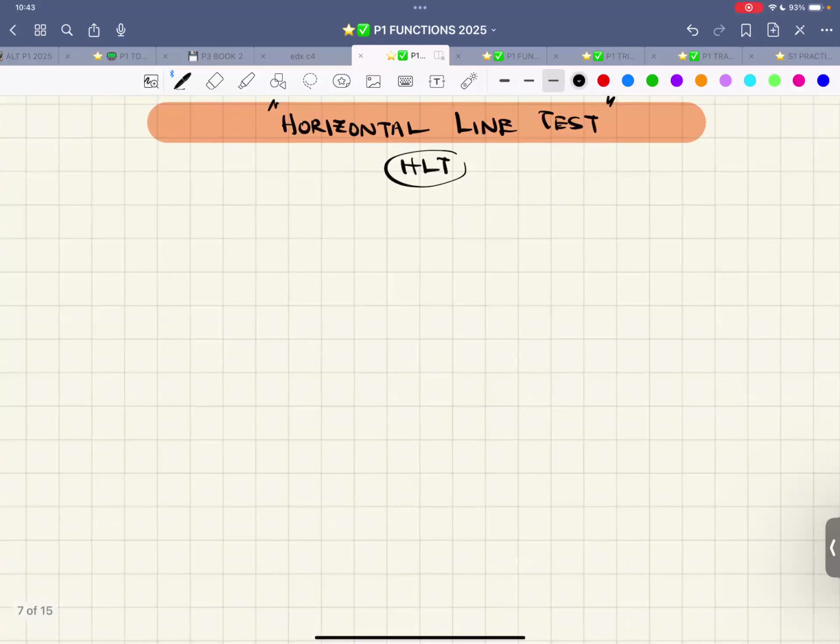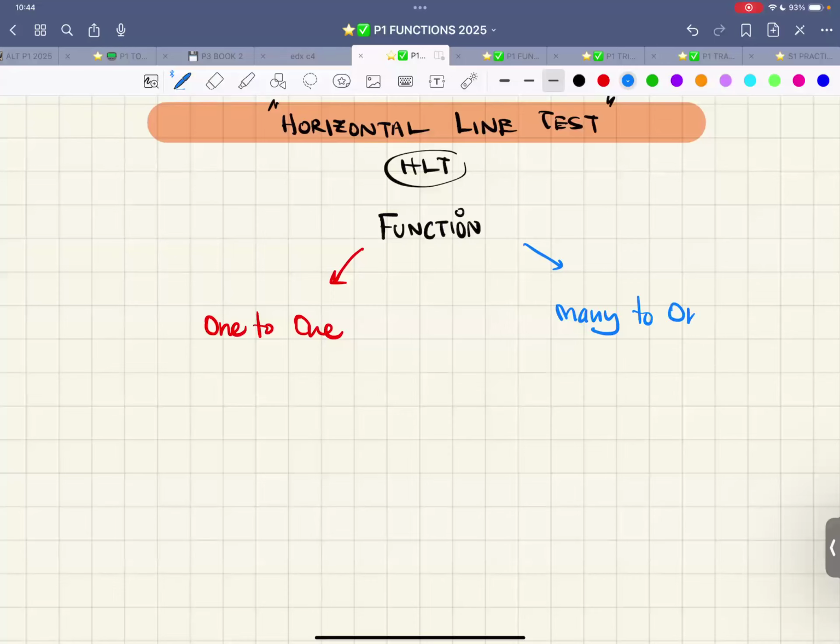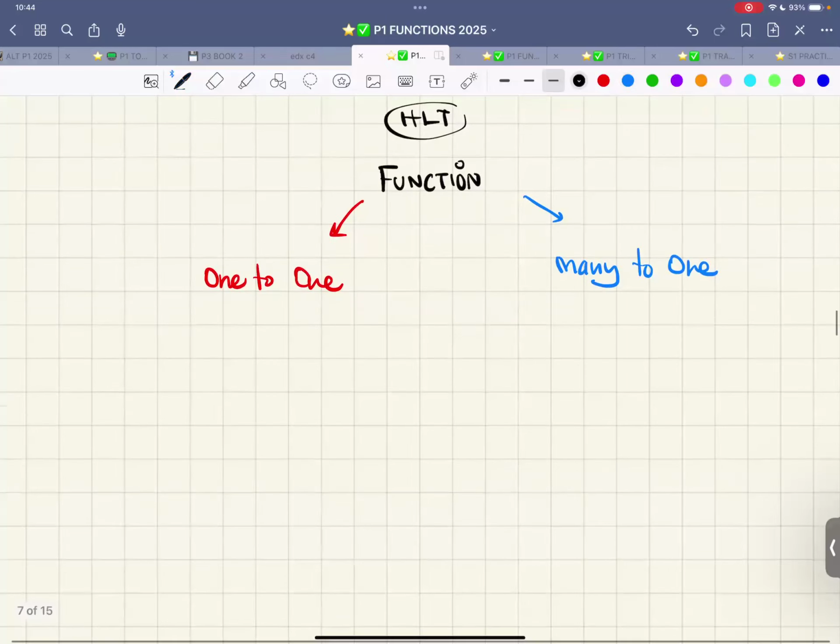Now, a function can be of two types. A function can be a one-to-one function. A function can be a many-to-one function. When we use the terminology one-to-one, it means one value of x is giving me one value of y.